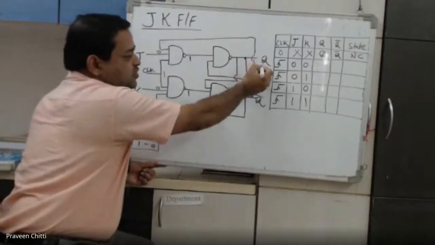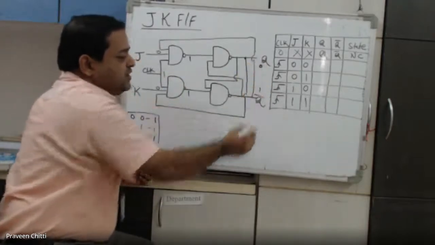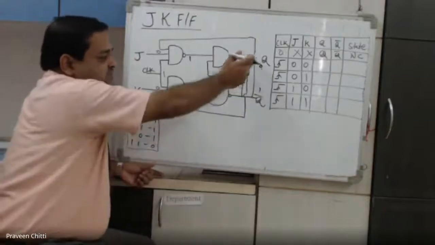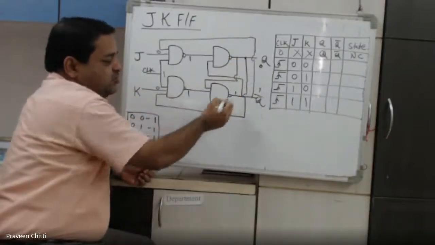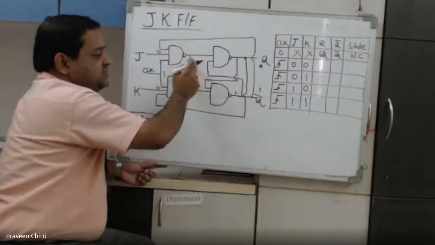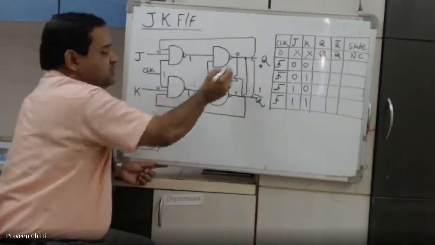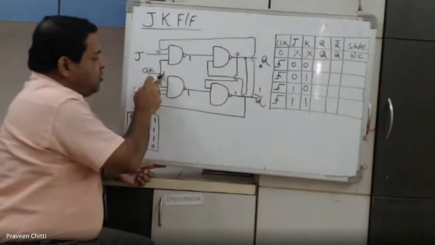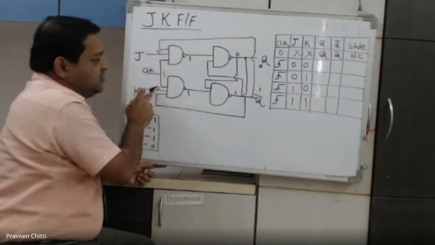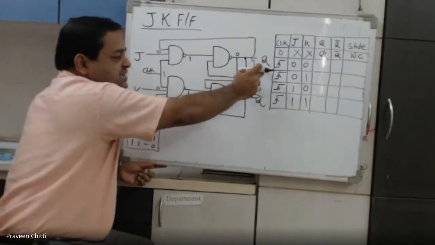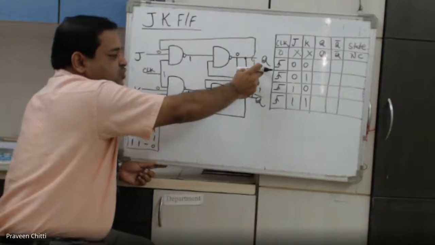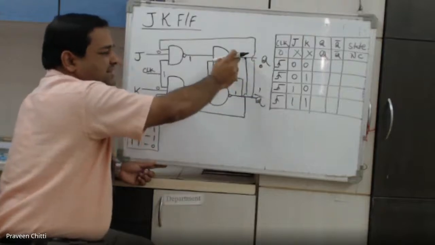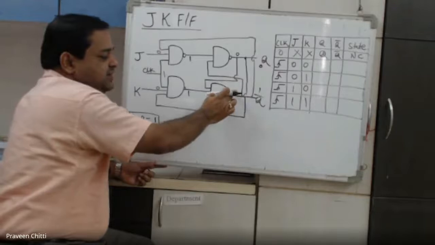So if you assume Q equal to 0 and Q bar equal to 1, now this 0 will come here and it will make the output of this gate 1, and this 1 and 1 will make it 0. That means when we apply clock and give J equal to 0, K equal to 0, if the initial state of the flip-flop is Q equal to 0, Q bar equal to 1, the next state also we are going to get the same.